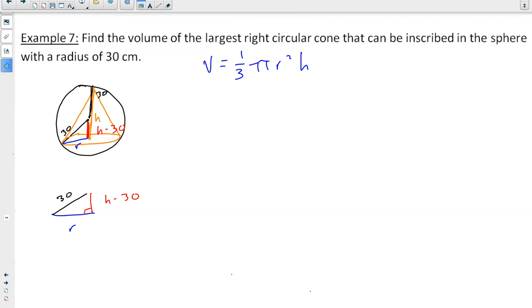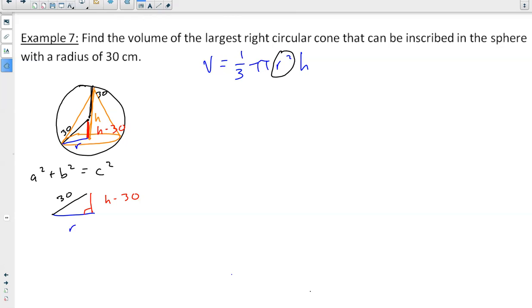And remember, we're trying to put this in terms of either r or h. Okay, so we're going to use the Pythagorean theorem here. A squared plus b squared is equal to c squared. Right? Now, I want us to recognize this r squared up here, right? When we are applying the Pythagorean theorem to our smaller triangle down here, we can actually just simplify the Pythagorean theorem in terms of r squared and then substitute that into our volume formula.